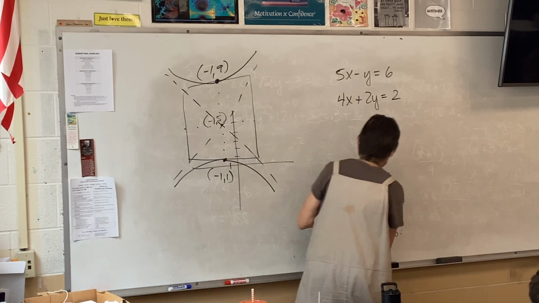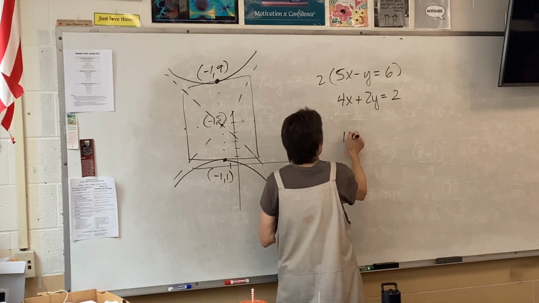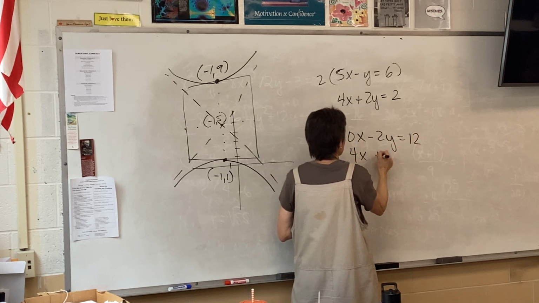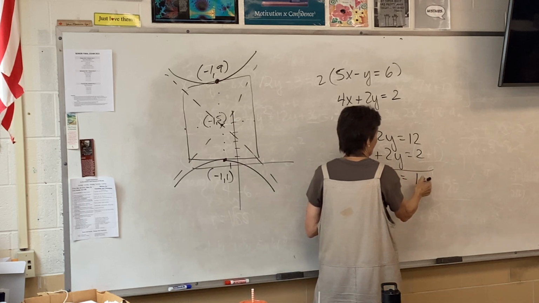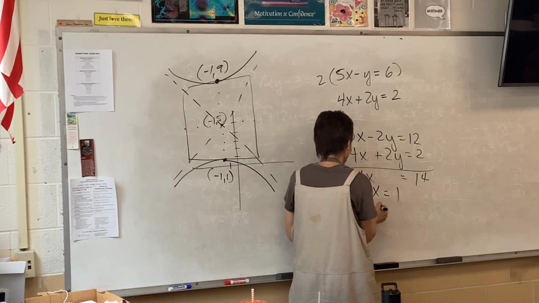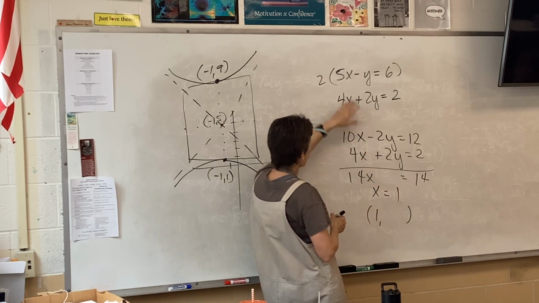So I'm going to multiply the top by 2. So 10x minus 2y equals 12, and 4x plus 2y equals 2. So 14x equals 14, x equals 1. But I'm not done. Now I gotta plug it back in, and keep in mind that is x.